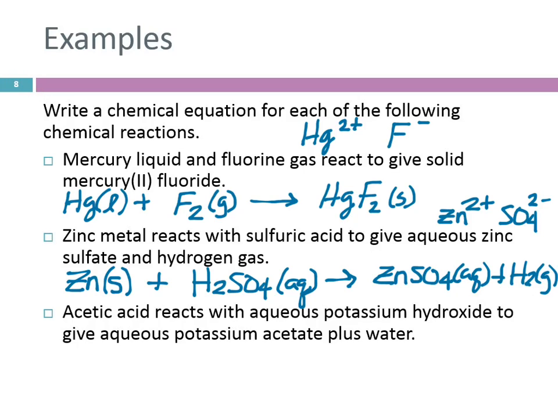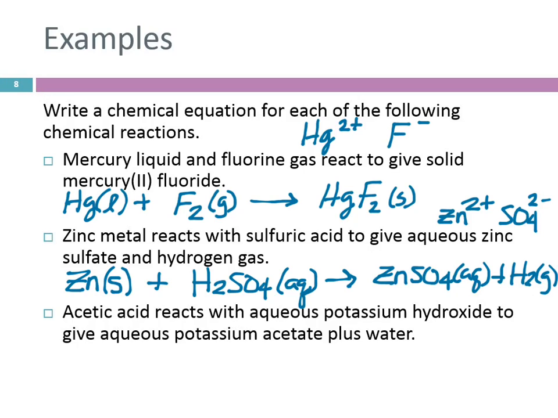Acetic acid. What ion does that come from? Not nitrate. Acetic comes from acetate.